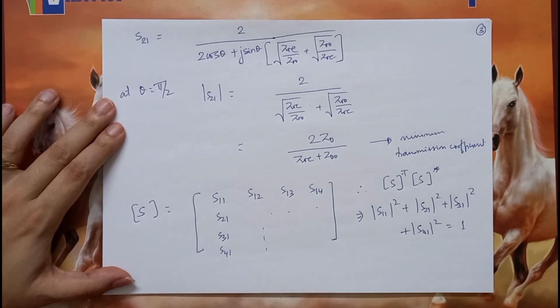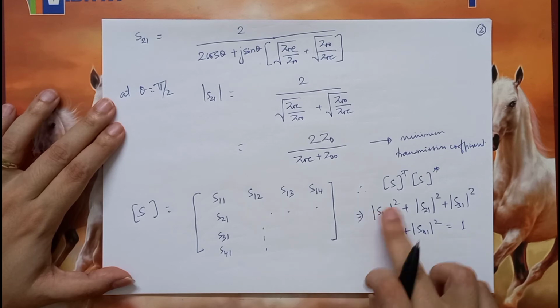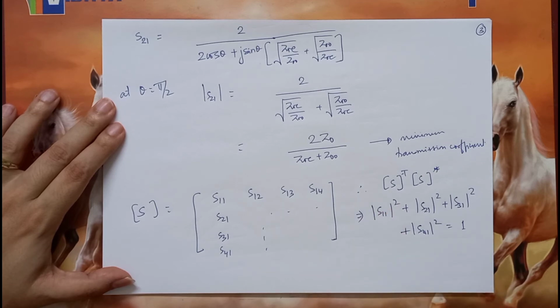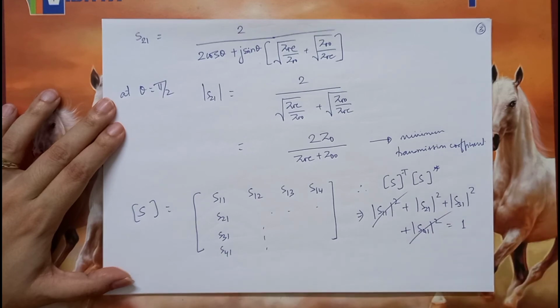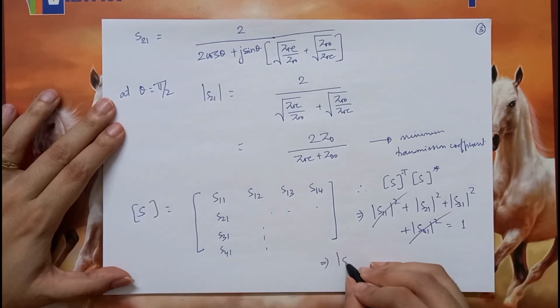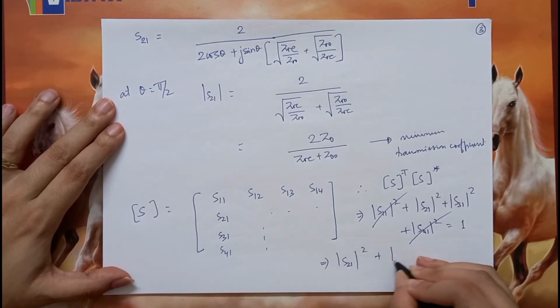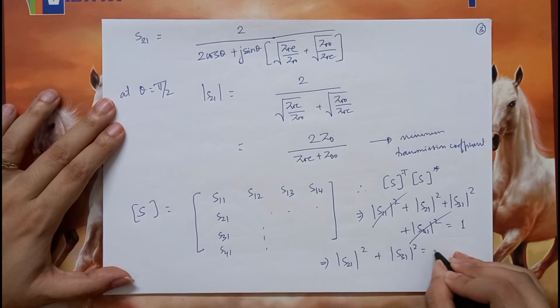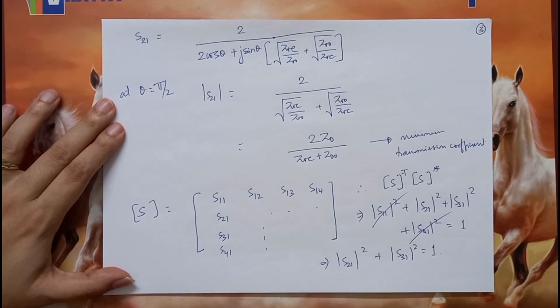That is equal to 1. What we already know from our discussion on the coupled line coupler is that S11 and S41 are always 0. So all we need is mod S21 square plus mod S31 square will be equal to 1.